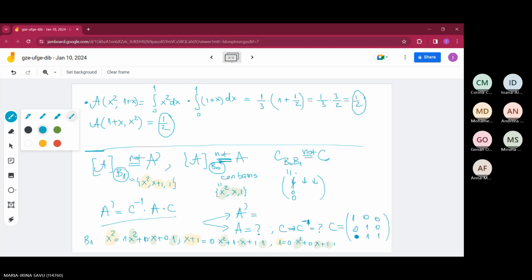Yes. Take a look here. 1 and 0. No, actually no. But is C an orthogonal matrix? Yes. What does it mean? What is an orthogonal matrix?